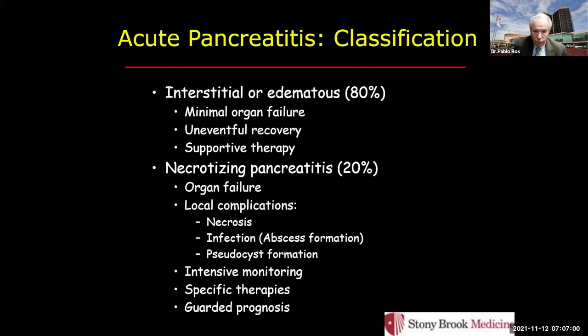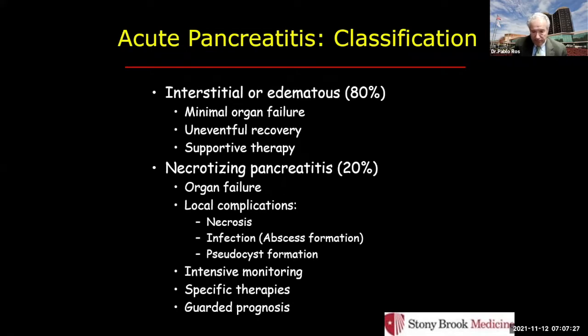On the other hand, about 20% is called necrotizing pancreatitis. We can, with imaging, particularly with CT, diagnose necrotizing pancreatitis, and necrotizing pancreatitis implies organ failure with local complications of necrosis, abscess formation, pseudocyst formation, and requires intensive monitoring.